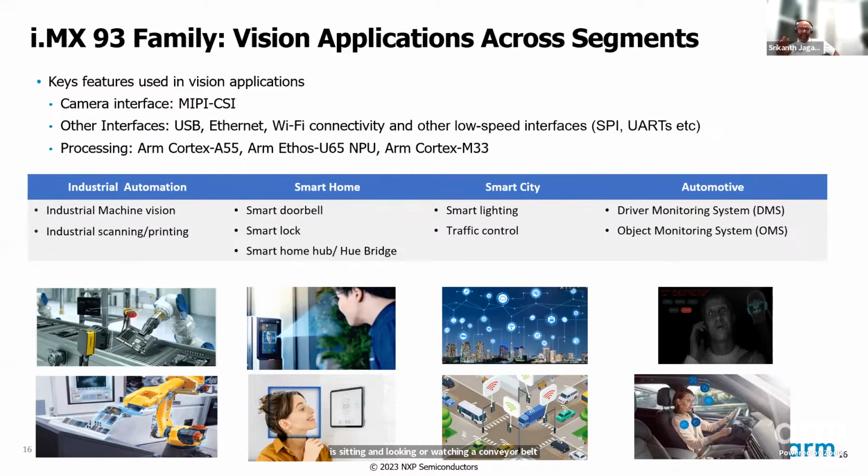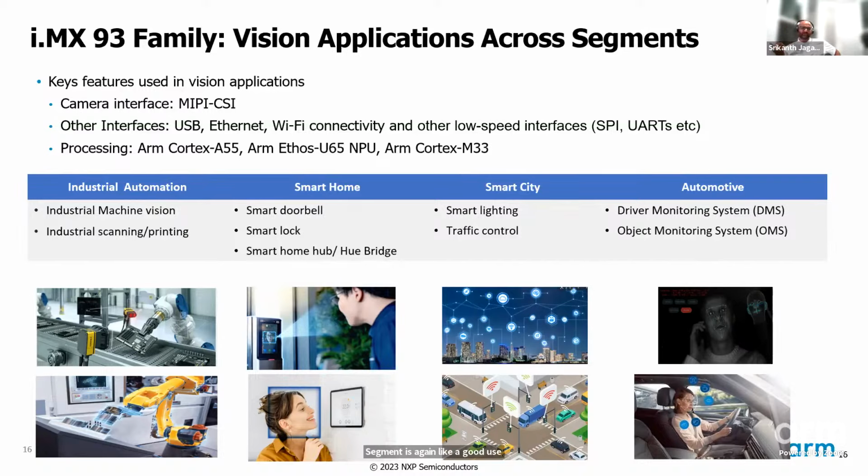The camera provides the image to the processor, which, based on the camera image, can find out if the finished goods have a defect, and then take an action. That is a perfect fit for the i.MX 93. Apart from that, scanning and printing used in the industrial segment is again a good use case.